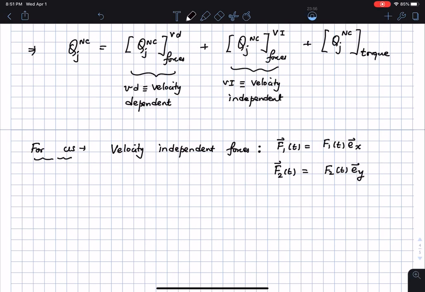Okay, these are the velocity independent forces. Then we have the velocity dependent forces. Friction force and the damping force are velocity dependent forces.